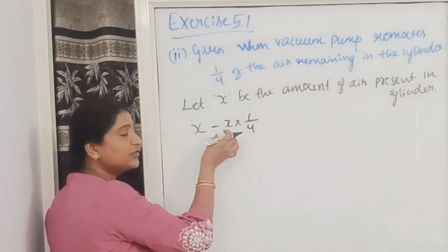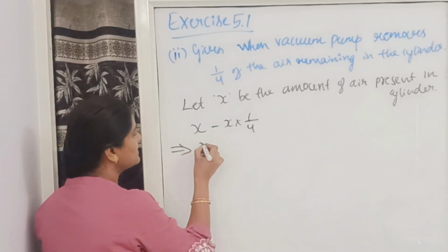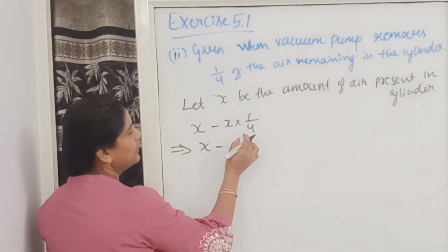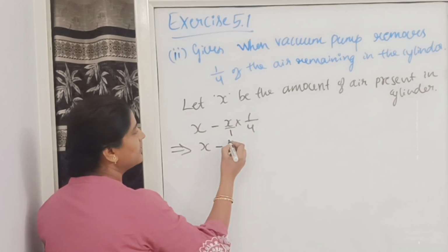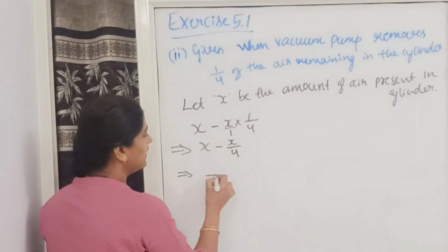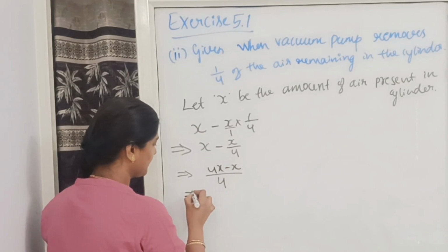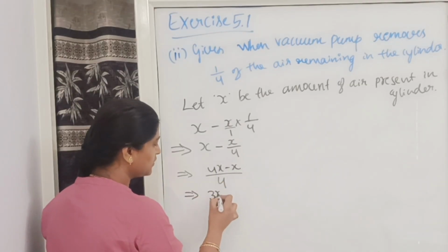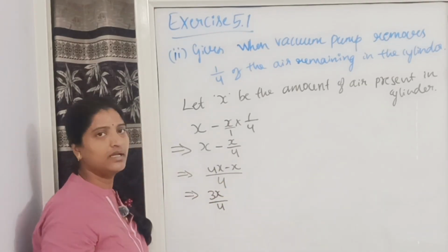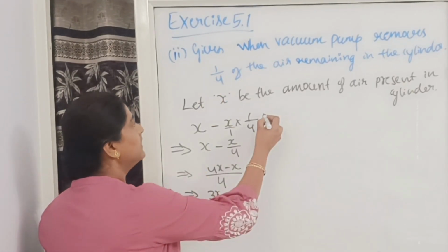What is remaining? 1 into x minus x into 1 by 4. Take the LCM: 4x minus x is equal to 3x upon 4. This is the first time when they removed 1/4 of it.